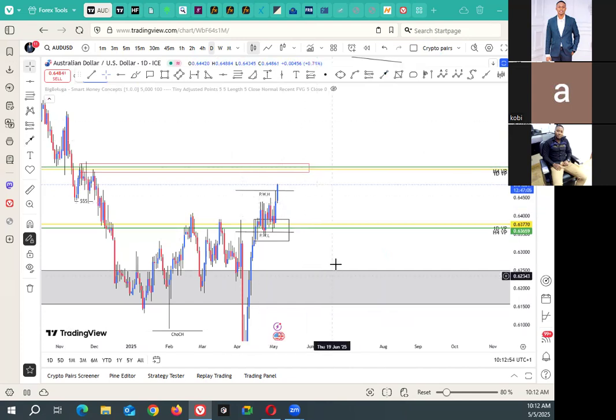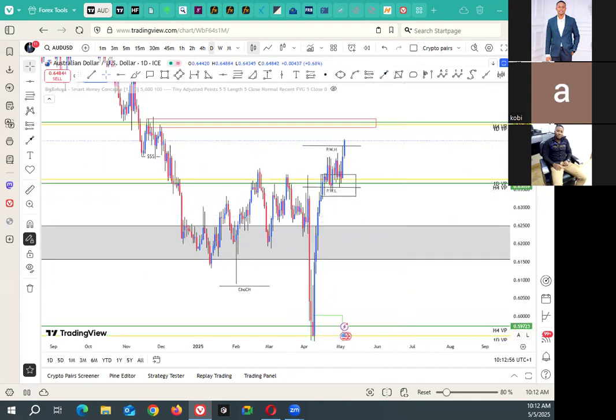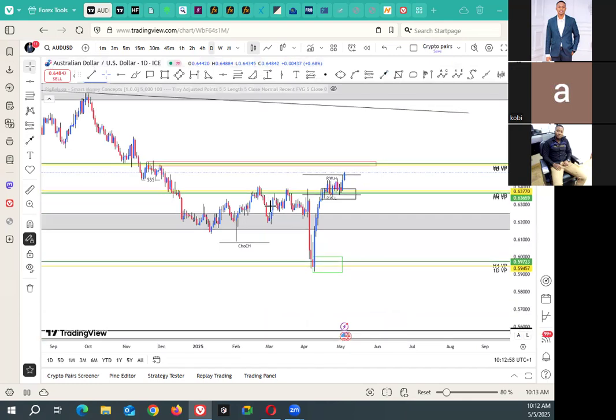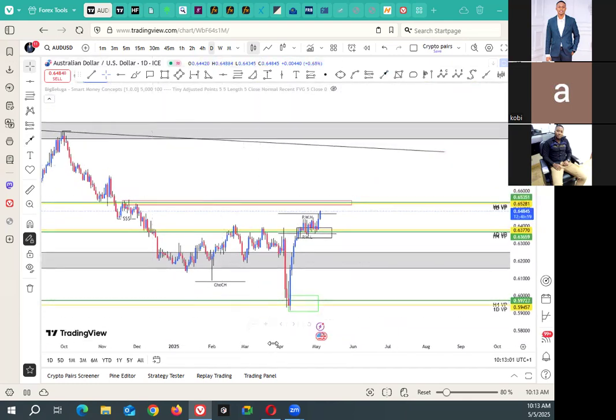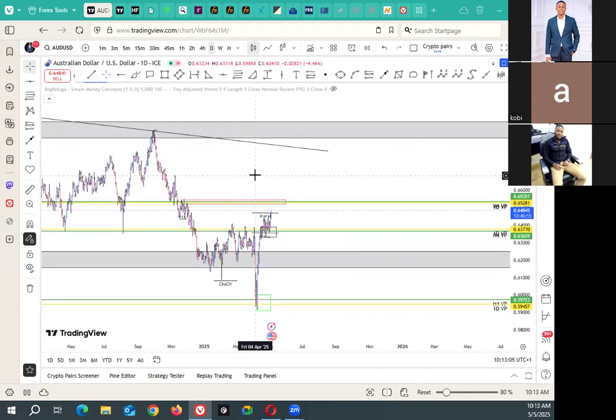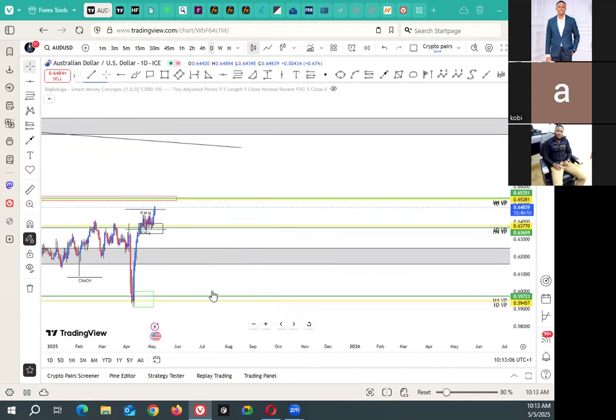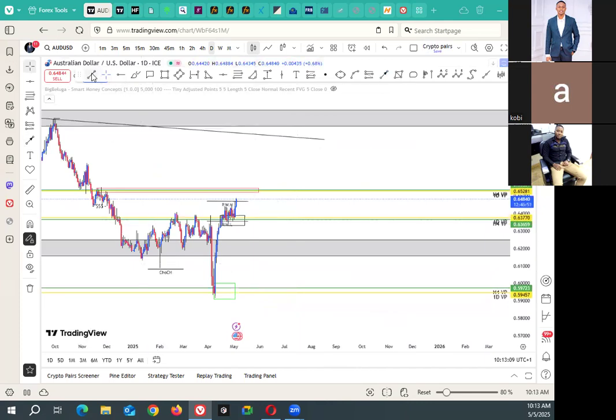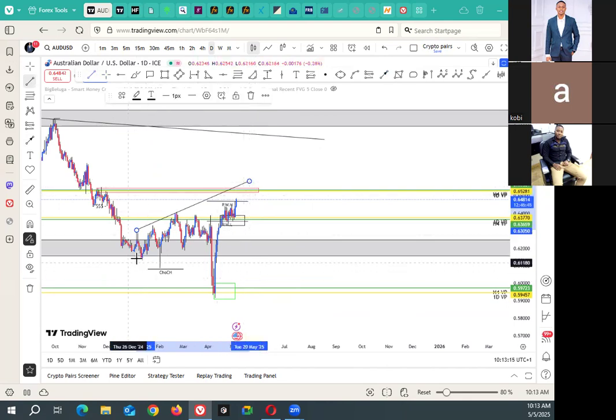Then the prevailing trend now is more like an expanding wedge pattern though. It's more like an expanding wedge, and it looks something like this. So it's not actually a trend.